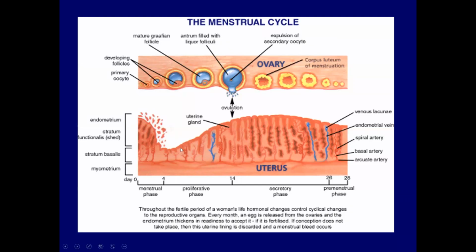Now, this is what we've been saying about the effect of the hormones on the endometrium. So the ovarian cycle, with the growth of the follicles and the growth of the estradiol, builds up the endometrium, and that's the proliferative phase.